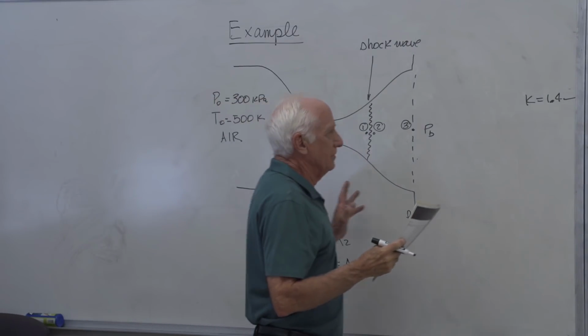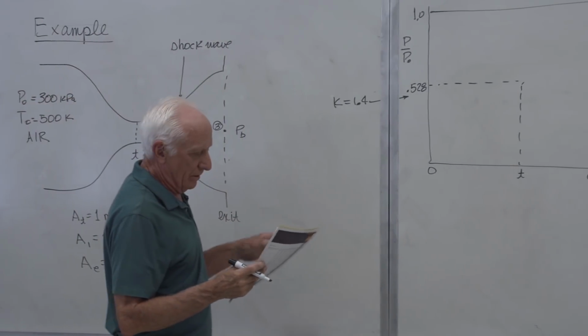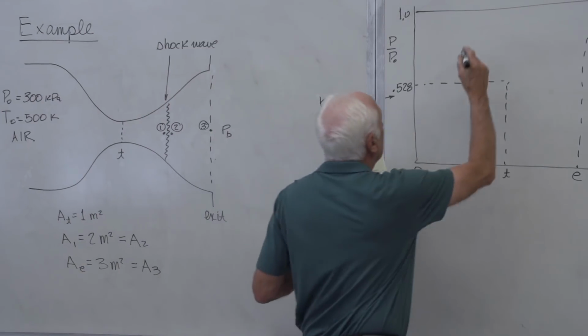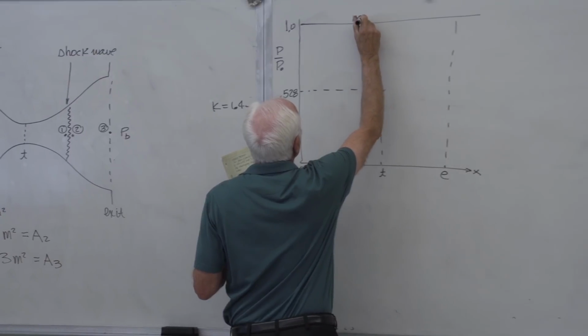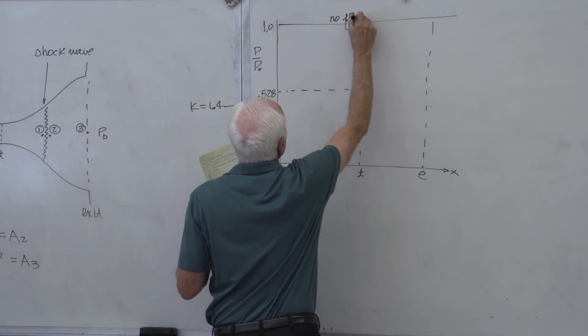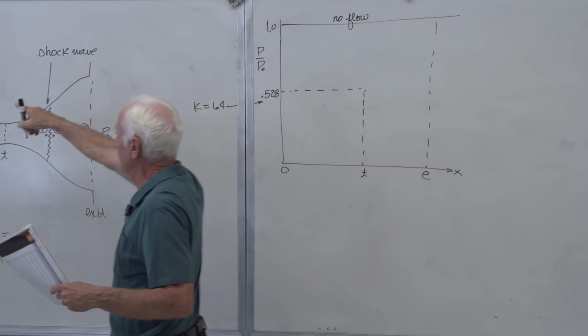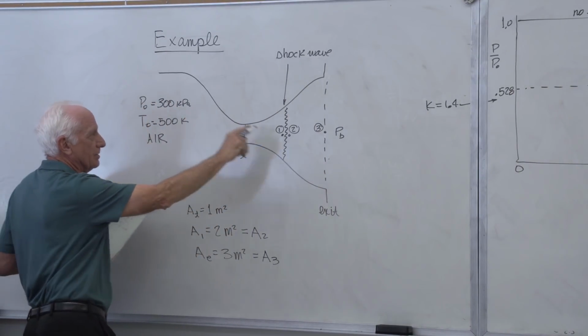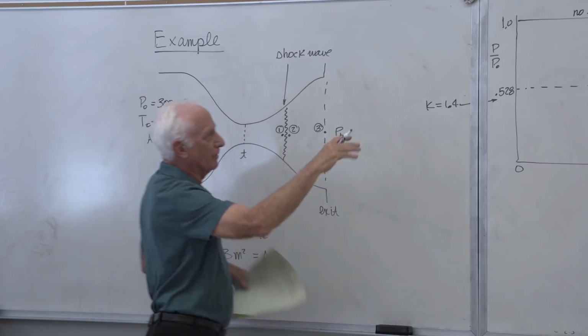All right, so the first thing is to decide where we are on the road map. Okay, here's the road map. No flow: if the back pressure is equal to the reservoir pressure, nothing causes flow.